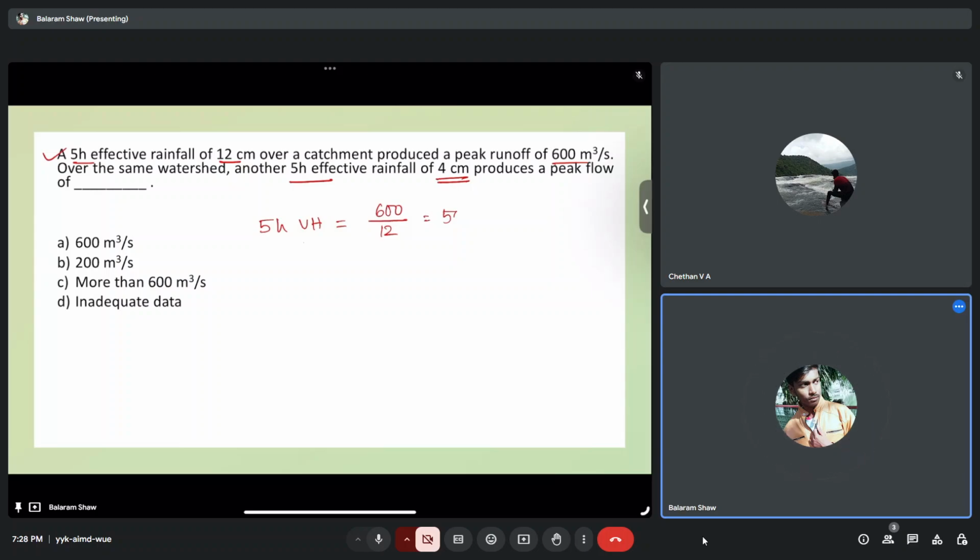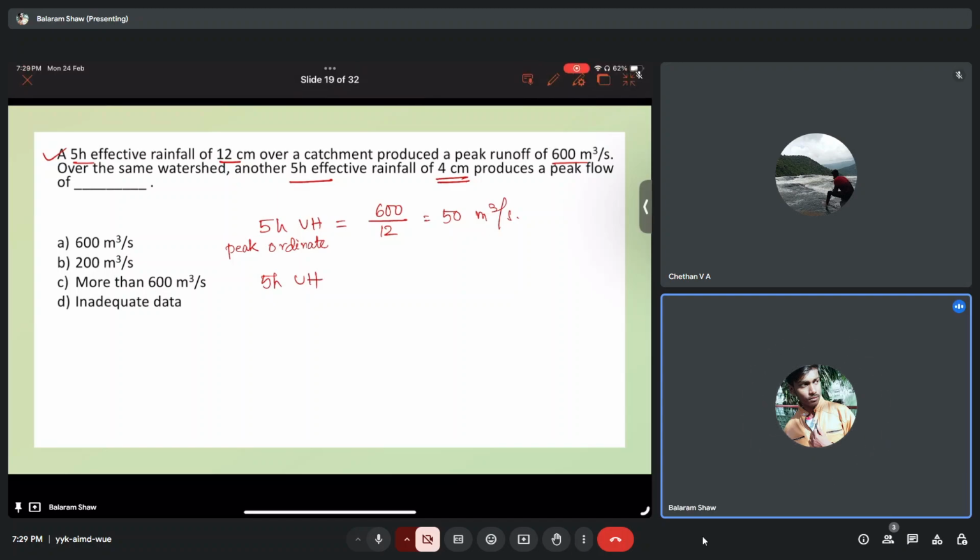Just do it. It will be 50 meter cube per second. Now you have the same 5-hour unit hydrograph, but for 4 centimeter. So here we have 4 centimeter, so it will be the direct runoff hydrograph.